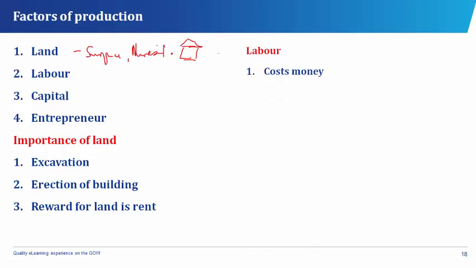Then labor. What is labor? Labor may be defined as all human efforts, whether of body or mind, directed to the production of wealth. It is a very important factor of production. A farmer needs to get a job done, and he cannot do everything.